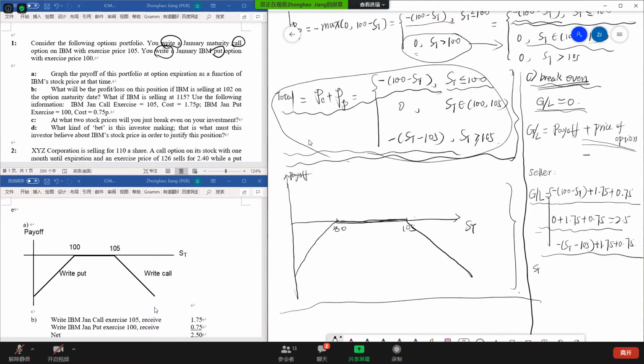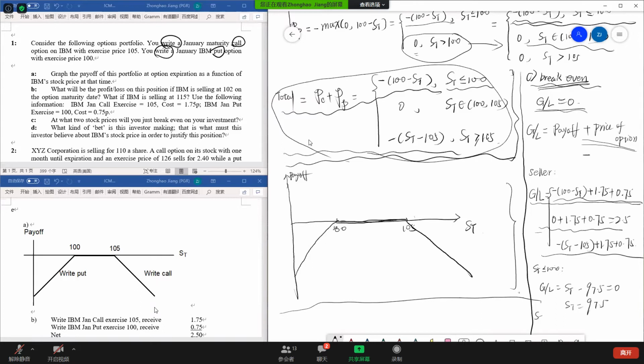When the stock price is smaller or equal to 100, the gain or loss equals this. We simplify this equation and let it equal 0. So the stock price is 97.5.